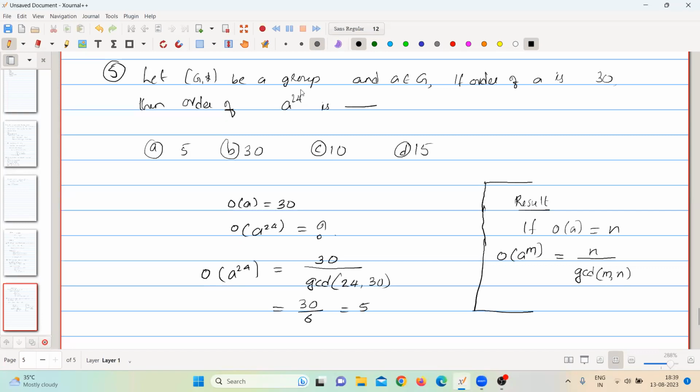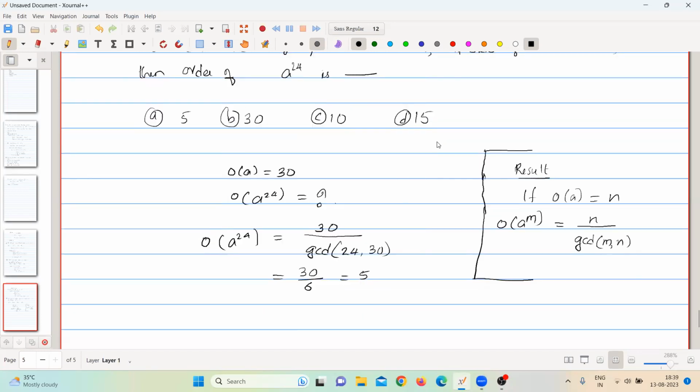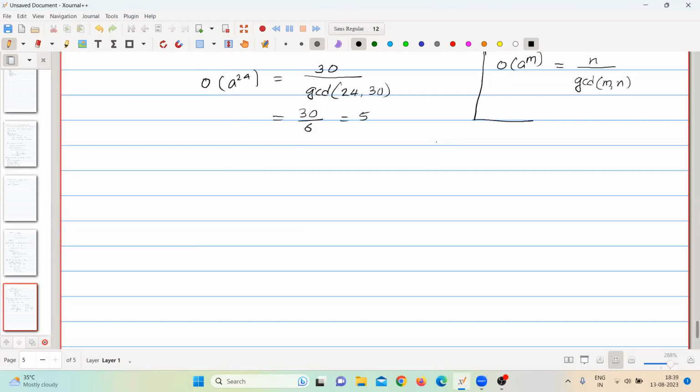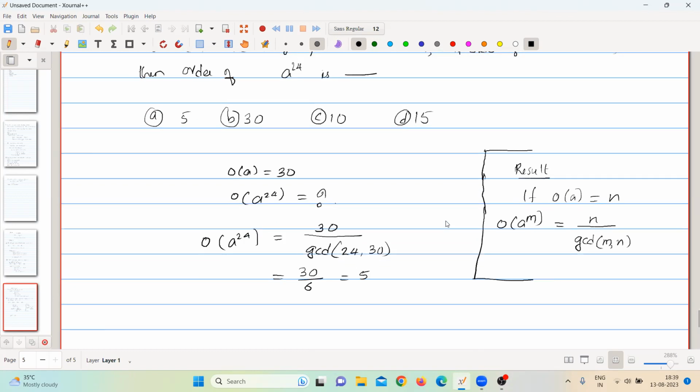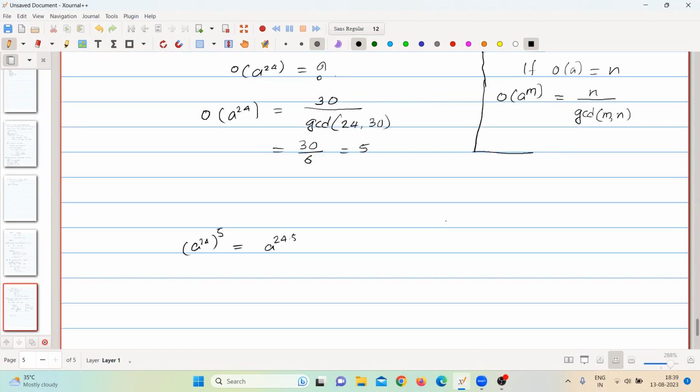For example, if we take a power 24 power 5, it can be written as a power 24 into 5, which is a power 6 into 4 into 5, which equals a power 30 power 4.